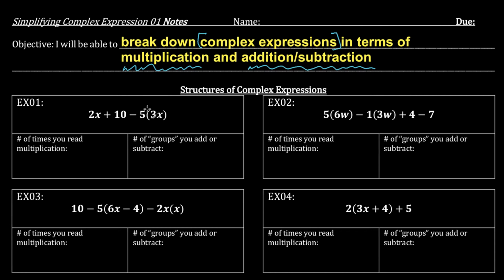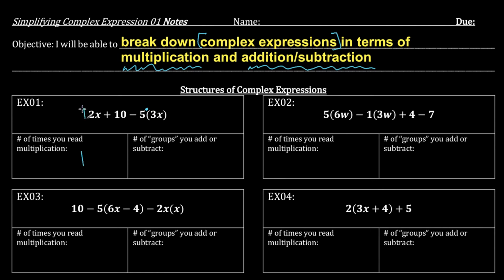Every time we read times, I'm going to put a symbol there. So 2x plus 10 minus 5 times 3x. I only read multiplication one time. Now, I'm going to box these terms, box moments where I add and subtract, basically.